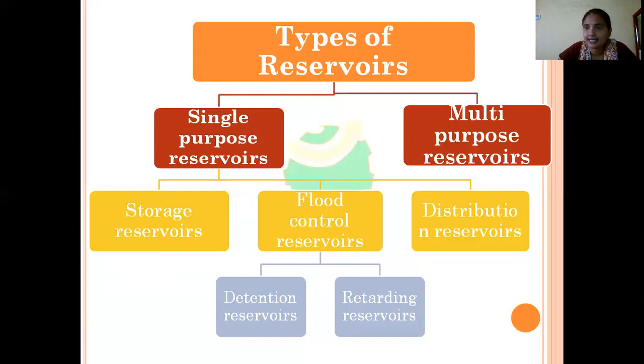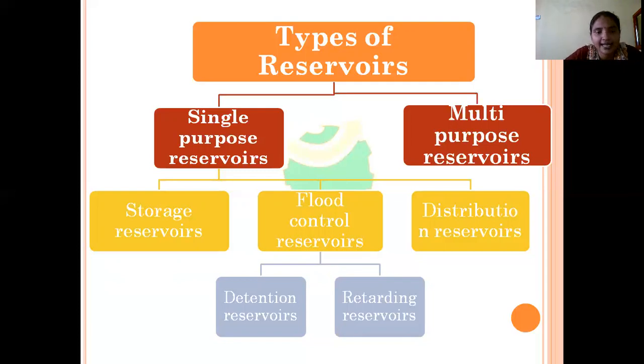So in design, it is designed only for flood control. That's why it is single purpose. Maybe later it serves drinking, agriculture or hydropower, anything. But in the design period, it is designed only to meet flood control. So it is called single purpose. Multi-purpose means at the design time, it meets two or more requirements. So it is called a multi-purpose reservoir.